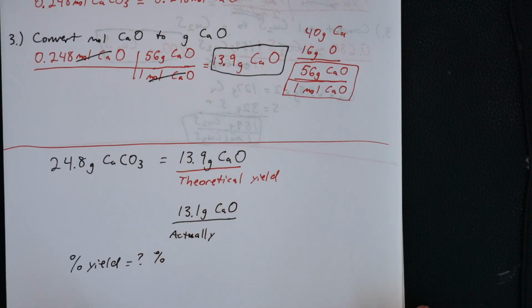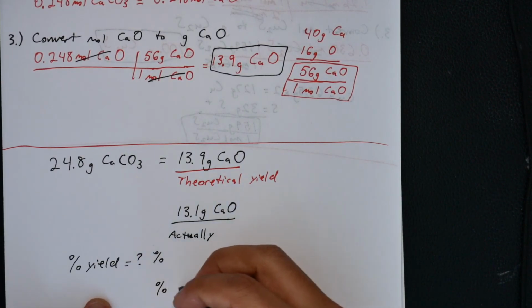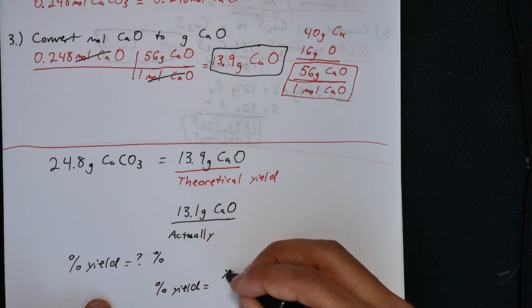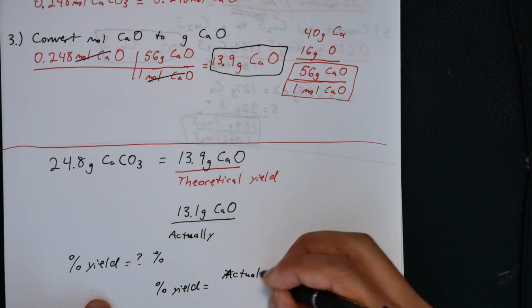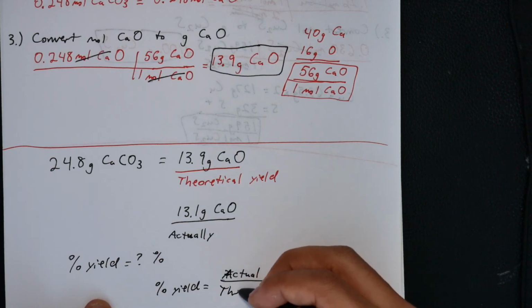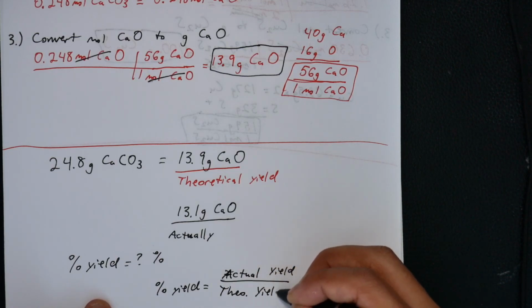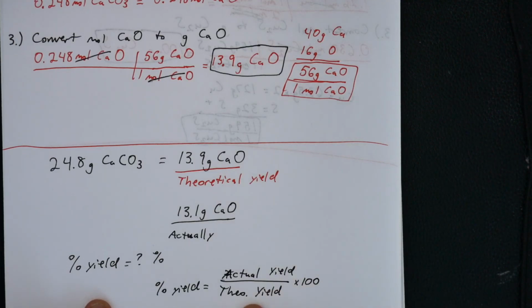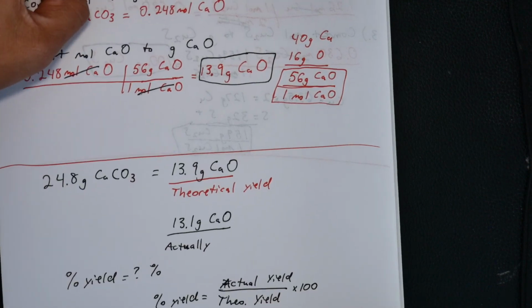Okay, that's the question. What's your percent yield? So to do that, percent yield is equal to actual yield. So actual yield divided by theoretical yield times 100 to get a percentage. Okay, this is our equation, which is in the notes in the slides.